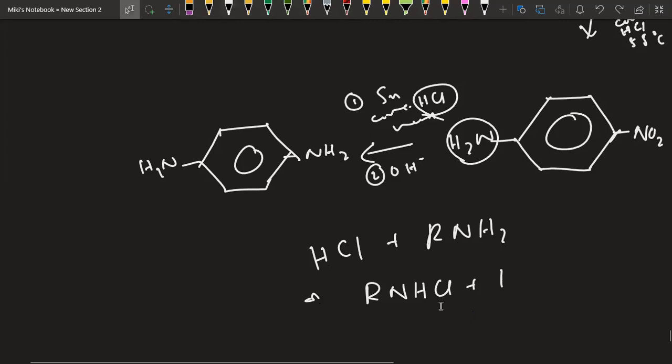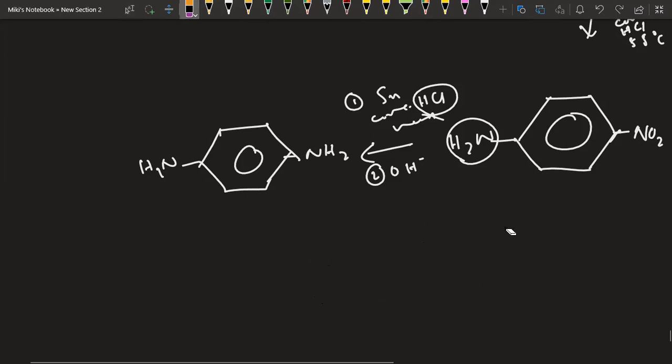That means the phenylamine itself is not going to exist, but we do need phenylamine. So in order to prevent that reaction from happening, we add this.